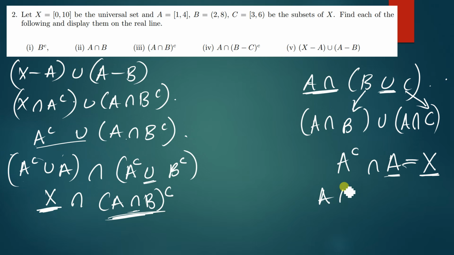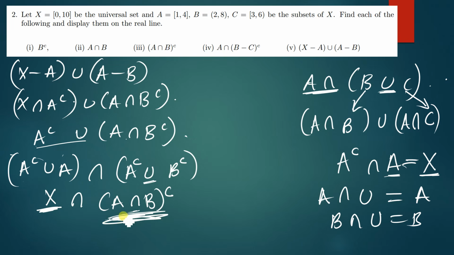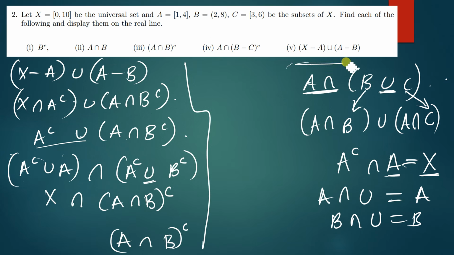A intersection the universal set, the answer is A. B intersection the universal set, the answer is B. So this set here, intersection the universal set, the answer is that same set. Okay, so this is now what we have gotten as the simplified version of this question.